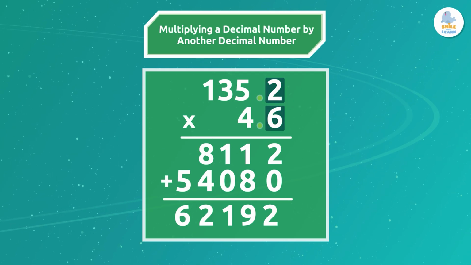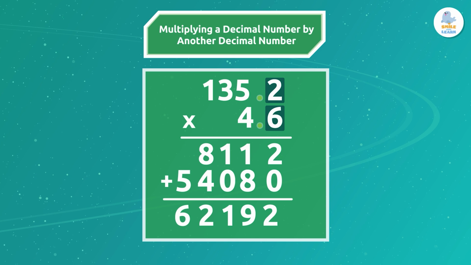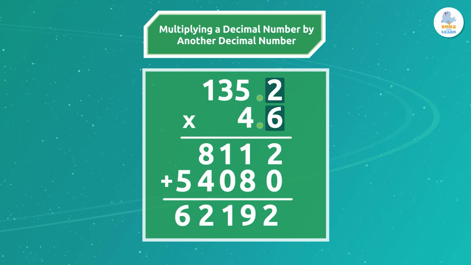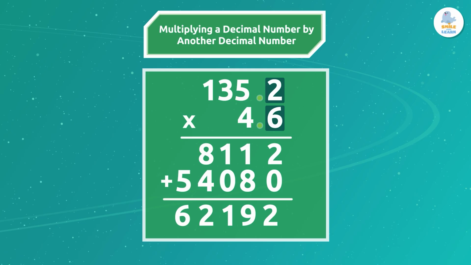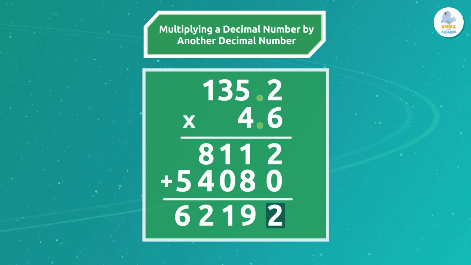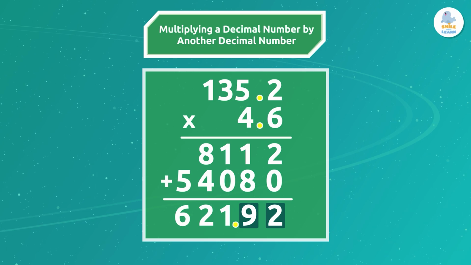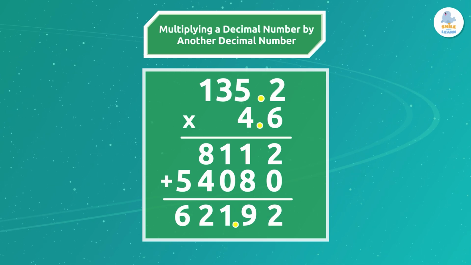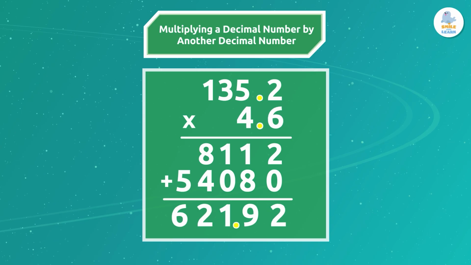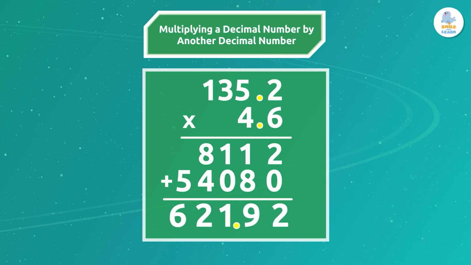Very good. In total, there are 2 decimal places. To place the decimal point in the product, we start counting the decimal places from the right. 1 and 2. We've got it! The product of 135.2 times 4.6 is 621.92.